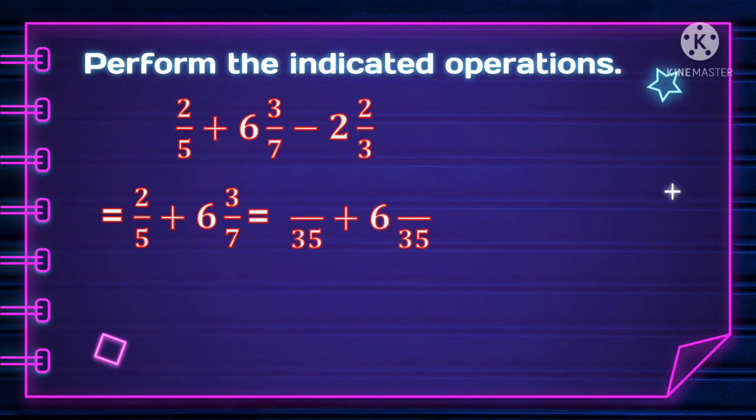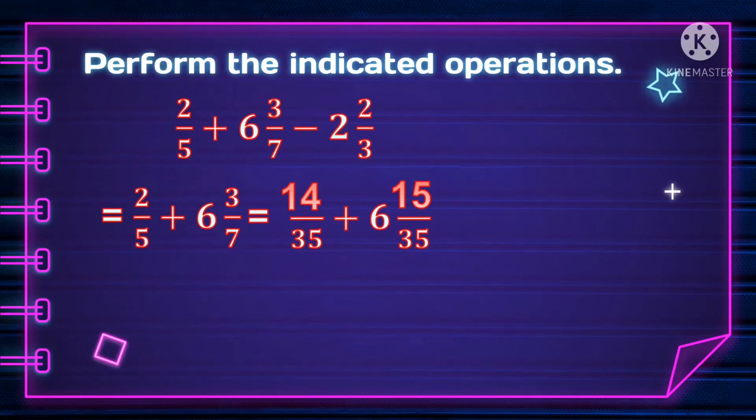So, ang LCD ng 5 at 7 ay 35 and get the new numerator by dividing the LCD by the denominator and multiplied by the numerator. So, 35 divided by 5 is 7 times 2. So, the answer is 14. Sulat nyo dito. Then, next process, 35 divided by 7 is 5 multiplied by 3. So, that is 15. So, we can now proceed on adding similar fractions.